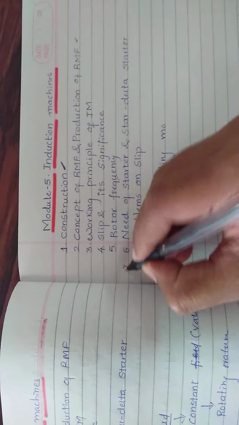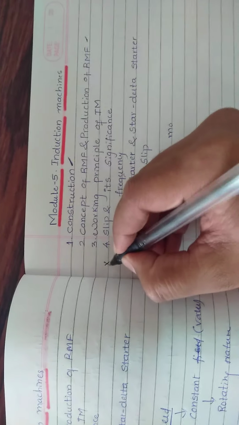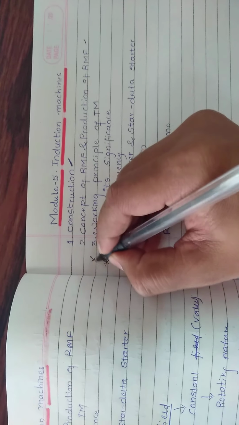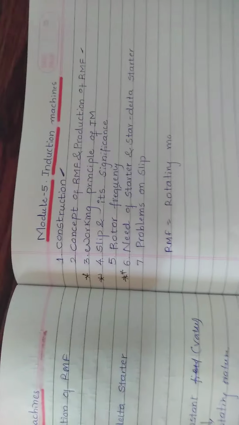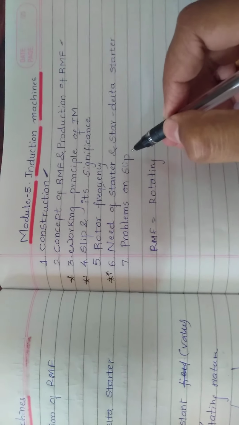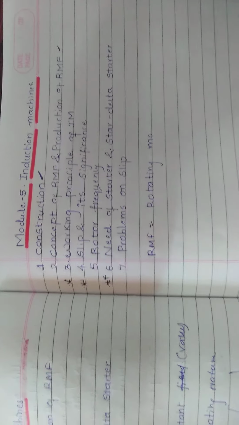It is one of the very important parts of this chapter, and slip and its significance is also important. These three points are much important in the induction motor, and last we shall solve problems on that. Step by step I will keep on solving all these things.